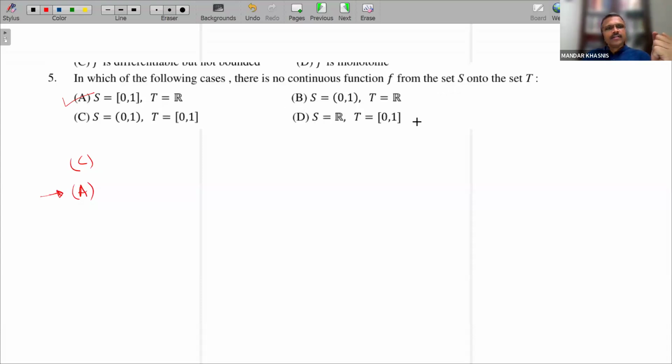So try that, not now, maybe later on. It is a nice, joyful exercise of constructing a continuous onto function from S to T. Okay, fine. So this is the only correct answer.